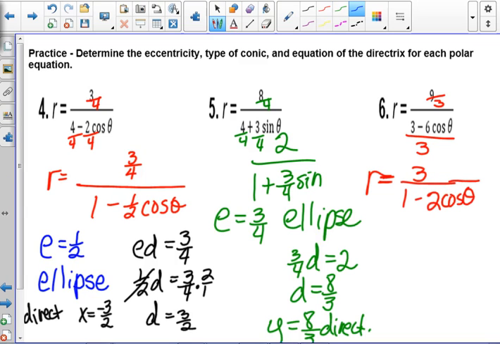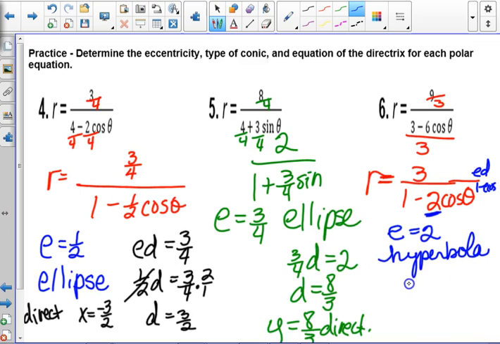All right. Now, this is equal to ED over 1 minus E cosine. I don't have room to write that. But what does E have to be then? 2. And it is positive 2. E is always positive. Okay, now if E is 2, that's greater than 1, which makes it a hyperbola.